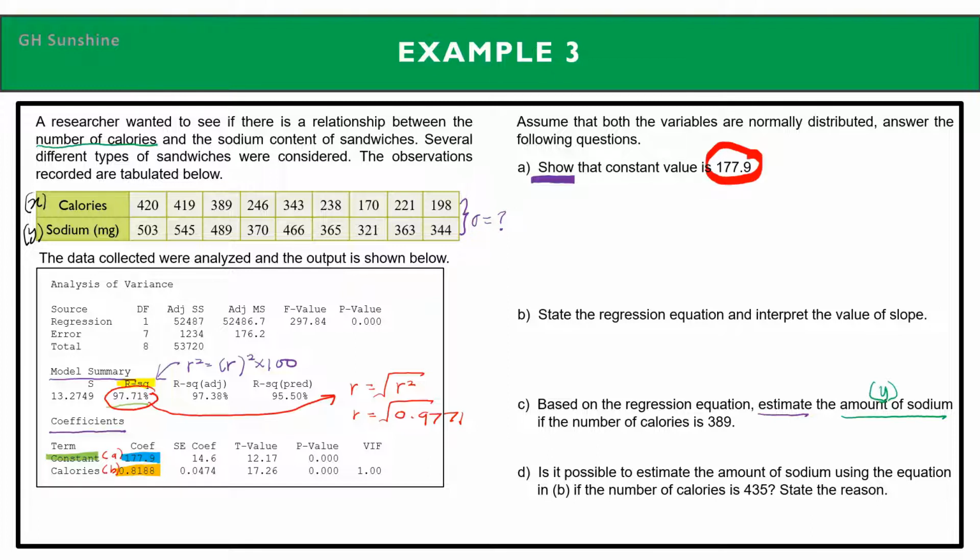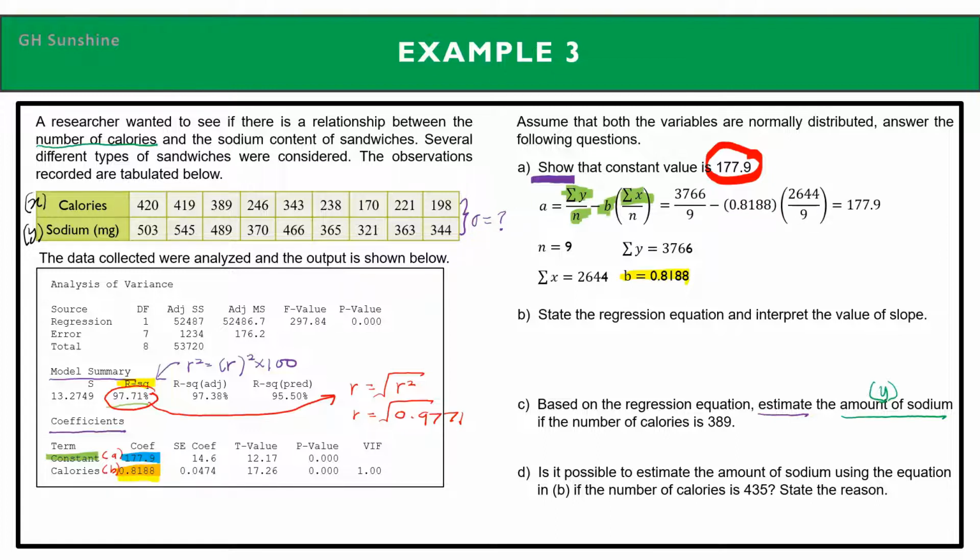So if you want to show or prove, first recall what is the formula of A. Next, what you need here is summation of Y and B summation of X. So N equal to 9, summation of X 2644, summation of Y 3766, and B value 0.8188 here.